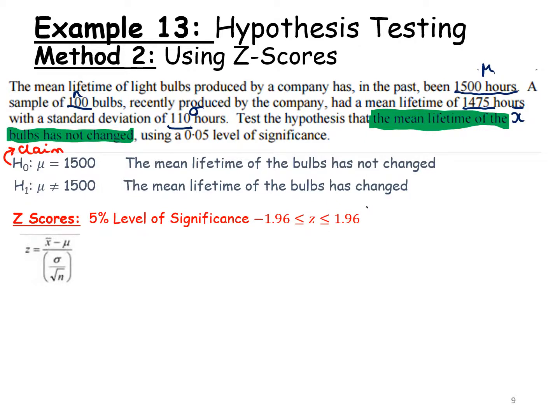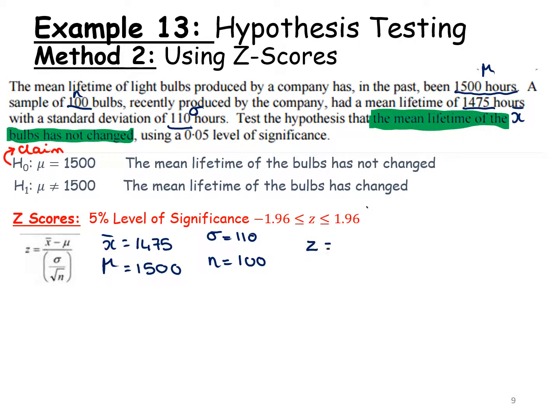So our formula here from the top of page 35 is z is equal to x bar minus mu over sigma over root n. So let's get some letters. So x bar was 1475. Mu from the question was 1,500. Standard deviation sigma is 110, and the sample size was 100.